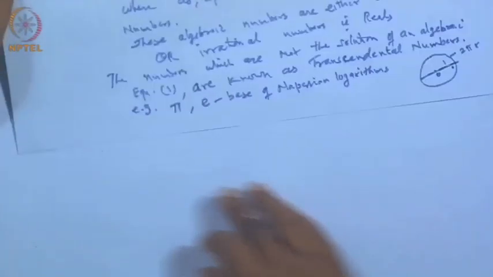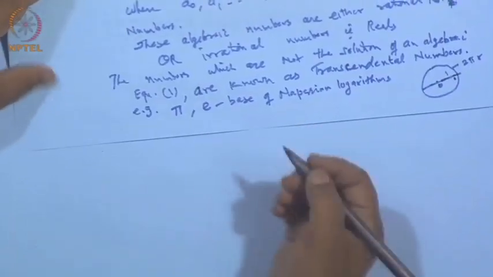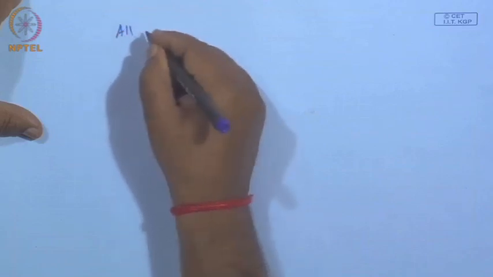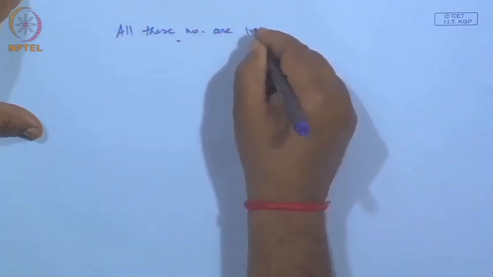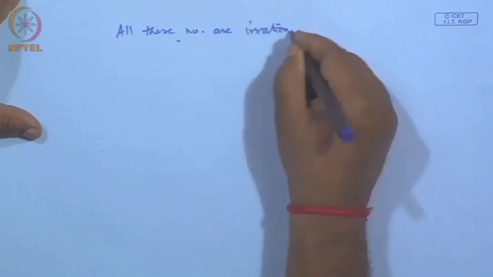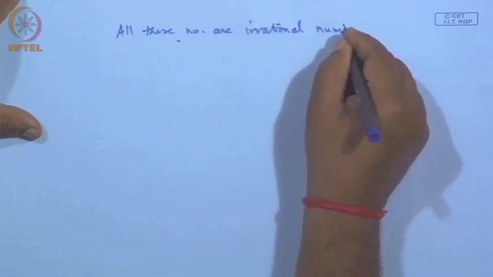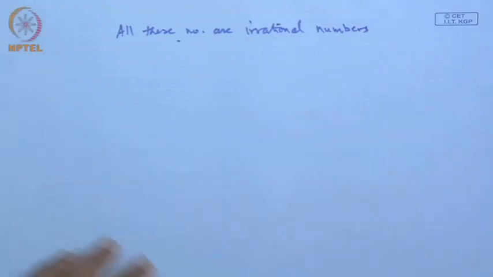Then similarly e to the power x, all these numbers are irrational numbers.